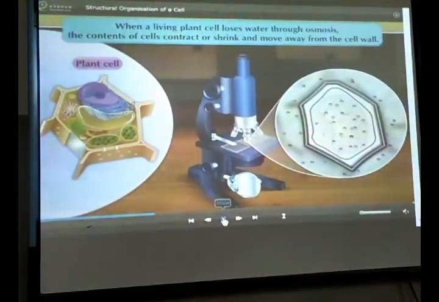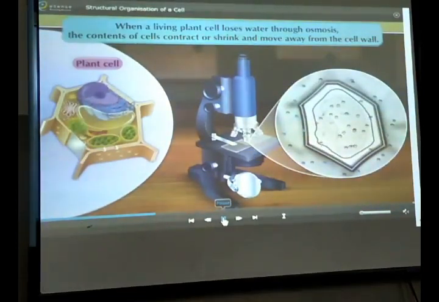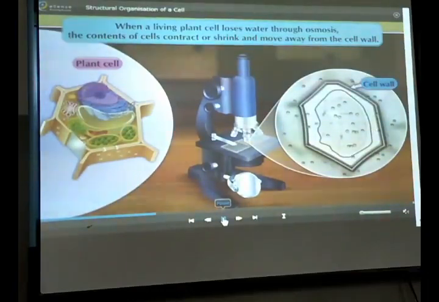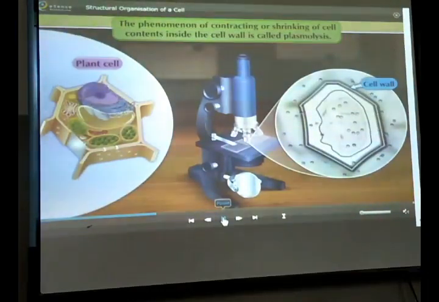Through this microscopic slide, we can understand that the particles are moving through the cell wall, and the phenomenon of contracting or shrinking of the cell contents inside the cell wall is called plasmolysis.